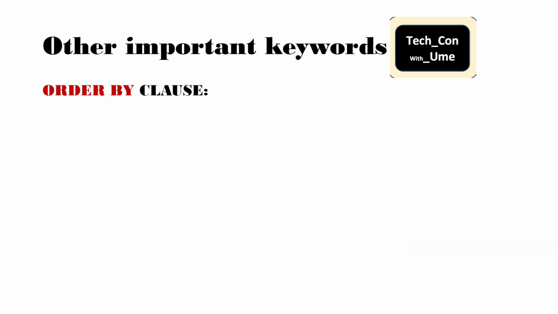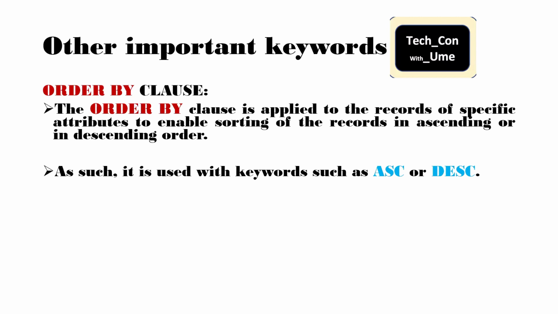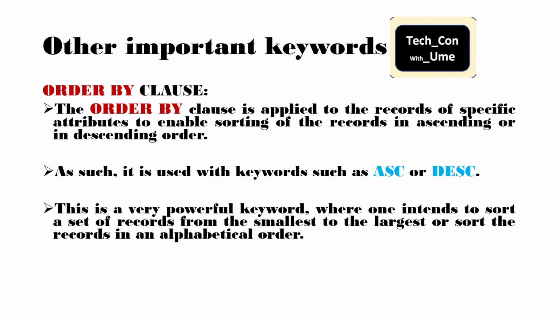Then we have the order by clause. Now, the order by clause is applied to the records of specific attributes to enable sorting of the records in ascending or descending order. As such, it is used with keywords such as ASC, which is short for ascending, or DESC, which is short for descending.